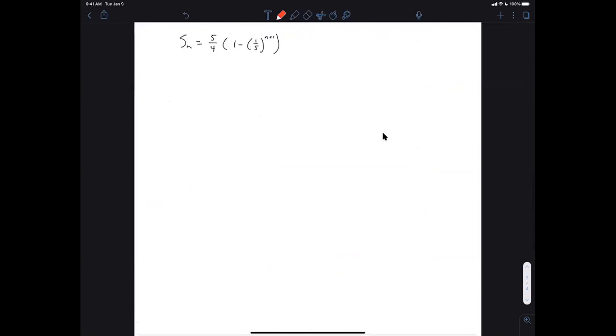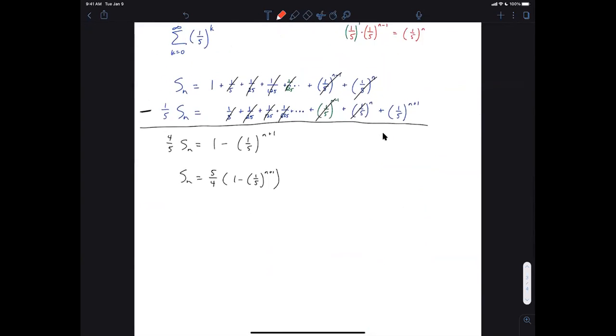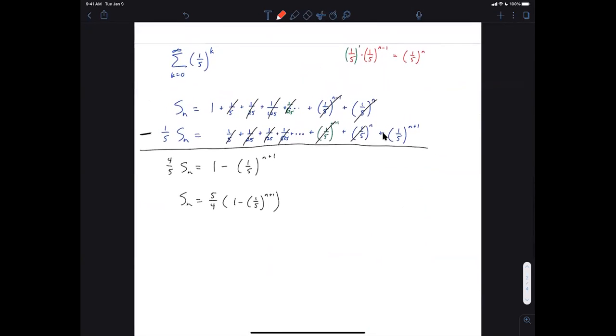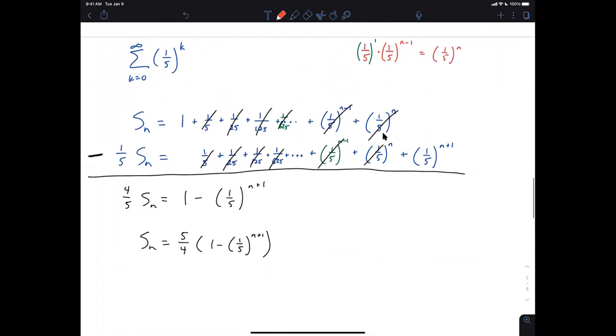So now down here, on the one that's 1/5, what does this series do? Does it converge or diverge? And if it converges, what does it converge to? So as n goes to infinity, what happens to 5/4?